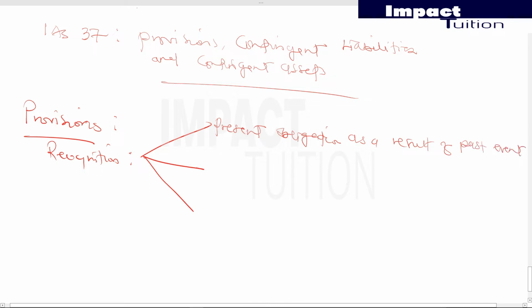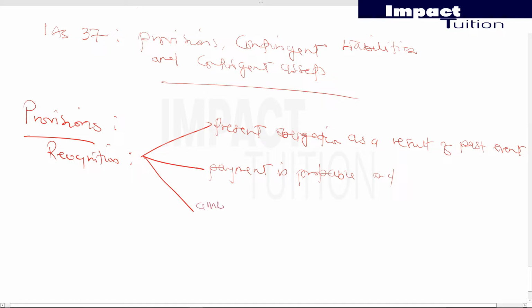The second is that the payment must be probable. That is, it is more likely we will pay. And the final thing is that the amount can be estimated reliably.